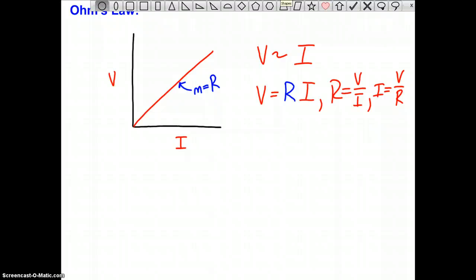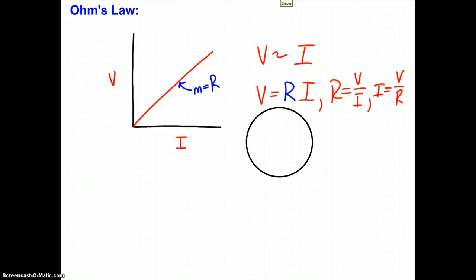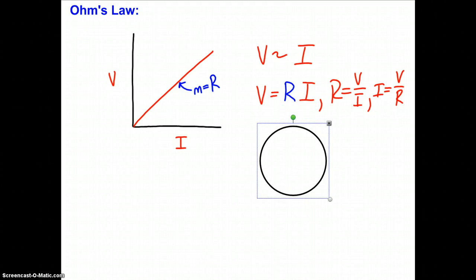I've also seen this kind of analogy used as well. If you take a circle and divide it in half horizontally, and then divide the bottom part vertically, and put the V in the top part and the I and the R in the two bottom parts, and cover up the one that you're looking for, then that variable is the relationship of the other two variables.